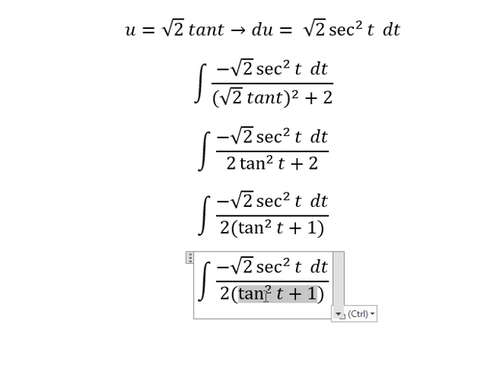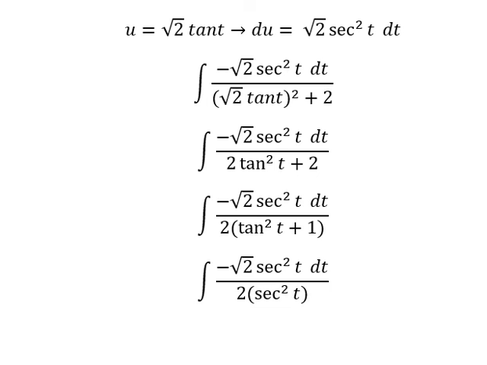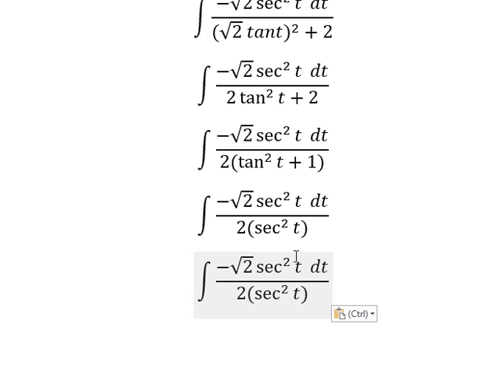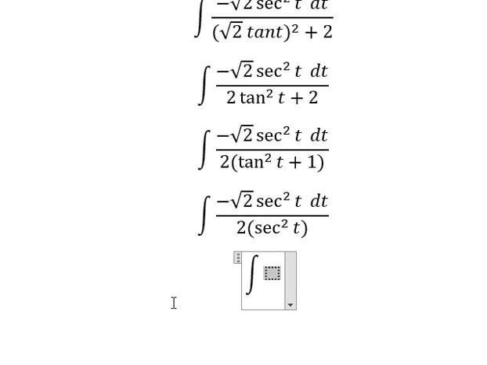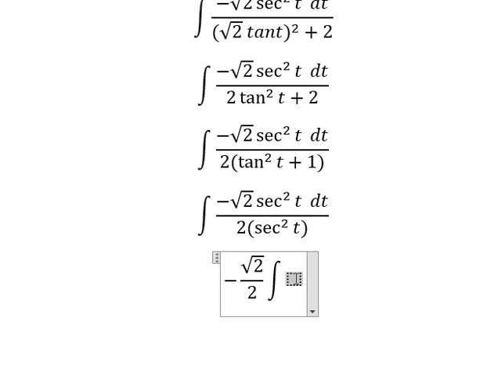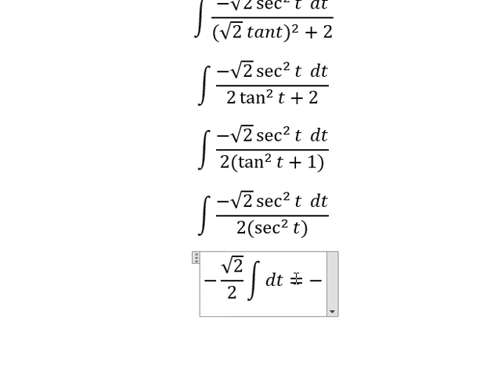And this one we change for secant of t square. We simplify on numerator and denominator, and you got about the square root of number 2 over 2. And this one you got about dt, and we got the final answer.